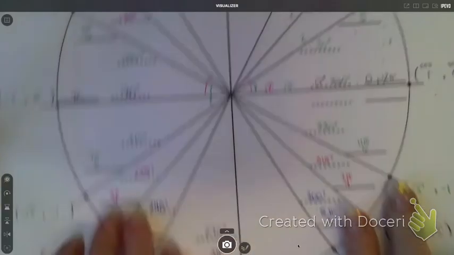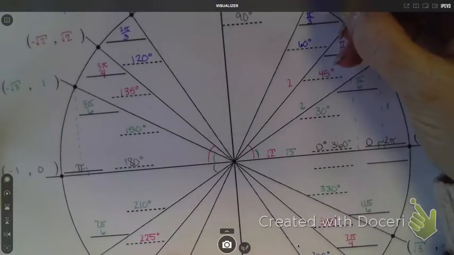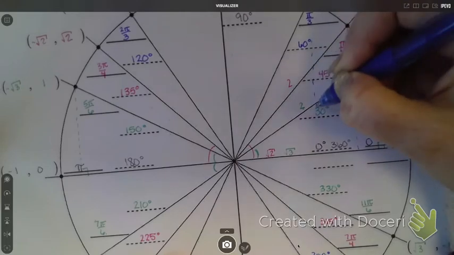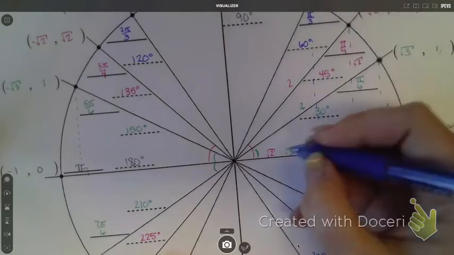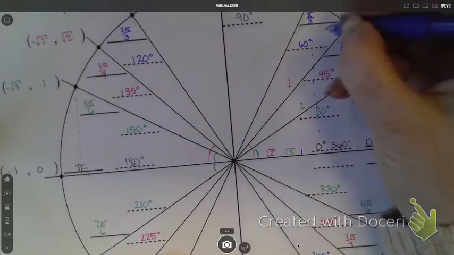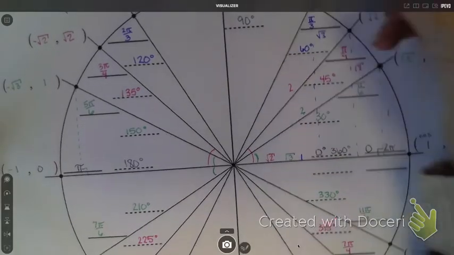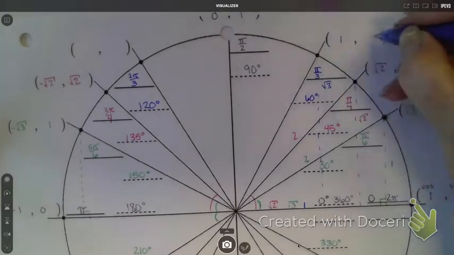The last one we have is a 60 degree. A 60, 30, 90 triangle, which is the same thing, just switched places. So now my x is 1 and my y is square root of 3. So my point is 1, square root of 3.